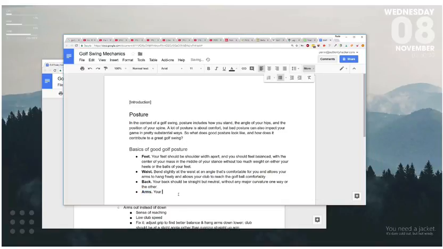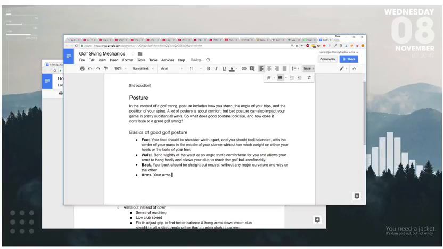Unbold that. Your arms. I also zoomed in a little bit here, so I hope you guys can see this okay. Your arms should hang almost completely perpendicular to the ground without reaching or pulling forward or backward.